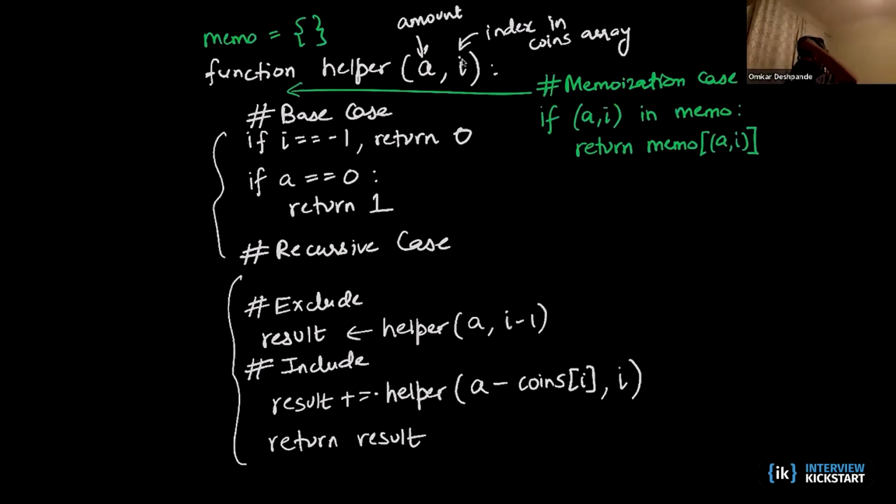So I don't have to do any work. But if it's not present in the memo map, then I have to do all this work. But before returning the result, I should store it in the memo map as a key value pair. So memo of A comma I, the subproblem definition as the key. The value for that is the solution that we are going to be returning.